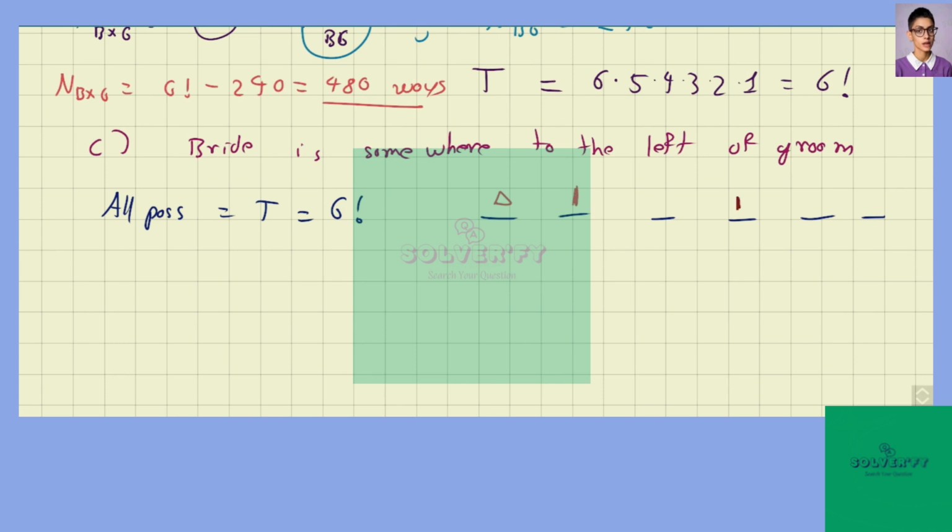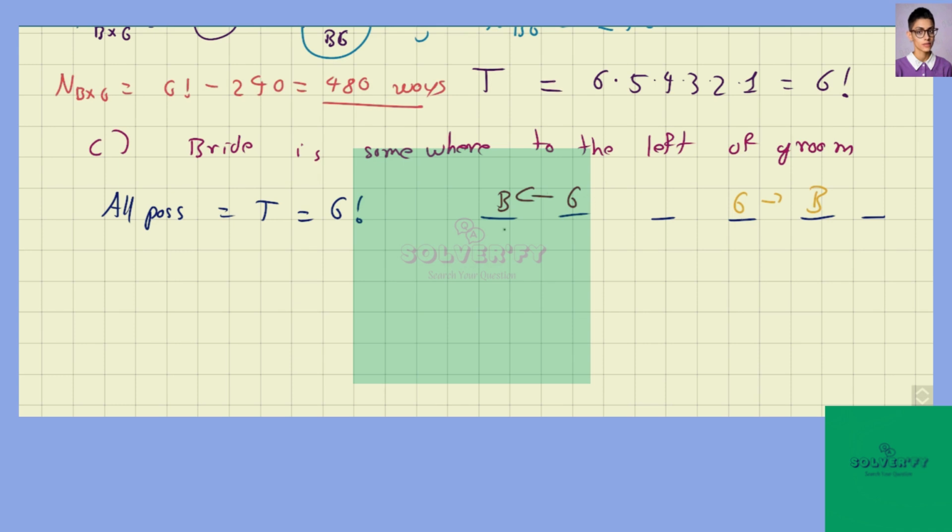So let's suppose that this is the groom. Let's put G. Yeah, that's better actually. So here's the bride, here's the groom. In this case, the bride is to the left, but because we're counting all the possibilities, we're also counting where the bride is to the right of the groom, right?